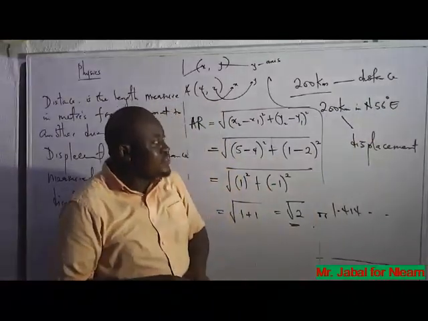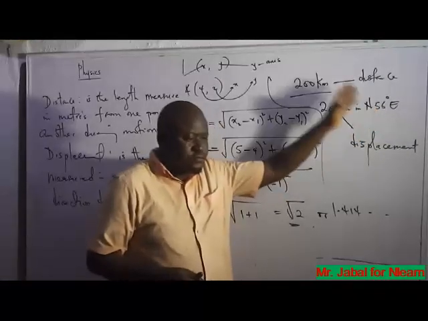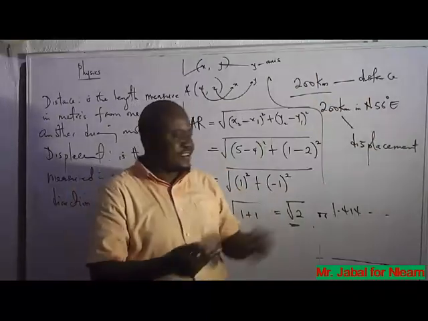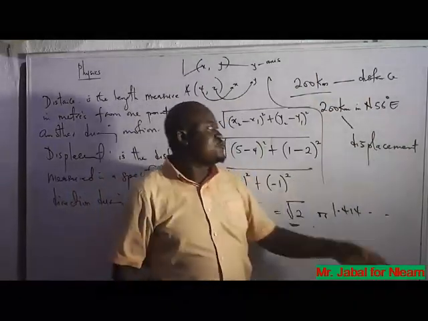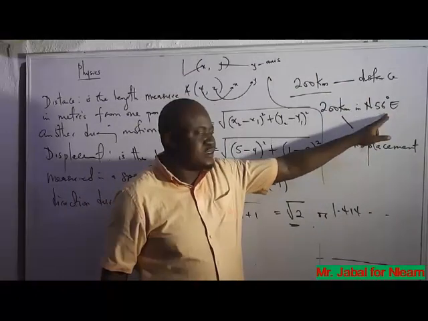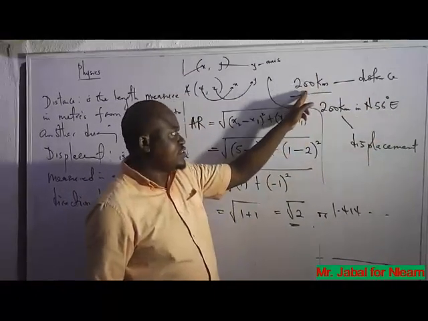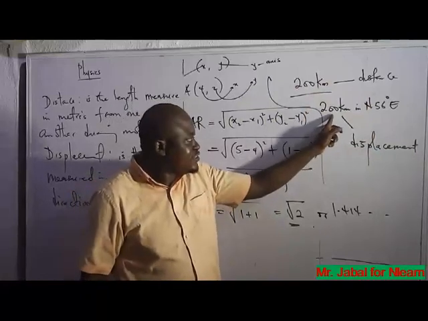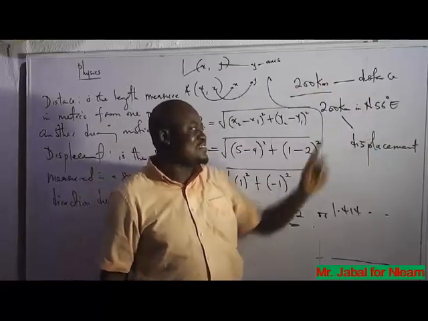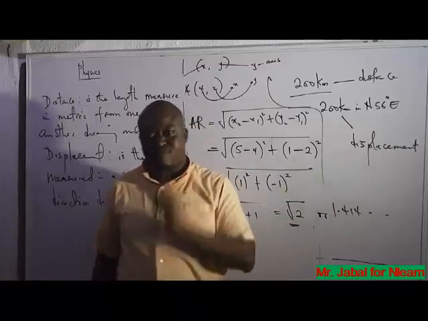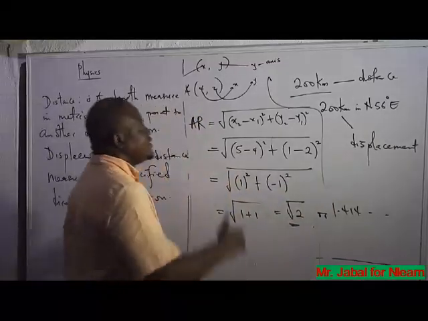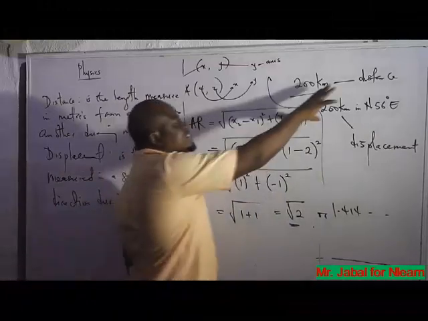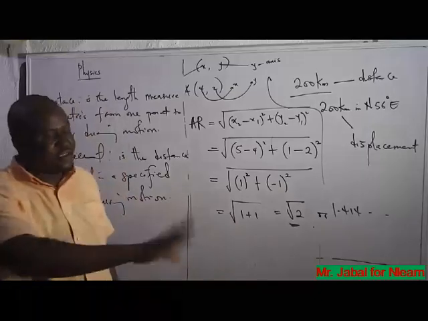Meaning, when the direction of a distance is shown, it is no longer distance, it is now displacement. So only magnitude is a scalar quantity. But with magnitude and direction, it is displacement, which is a vector quantity. So displacement is distance measured in a specified direction.